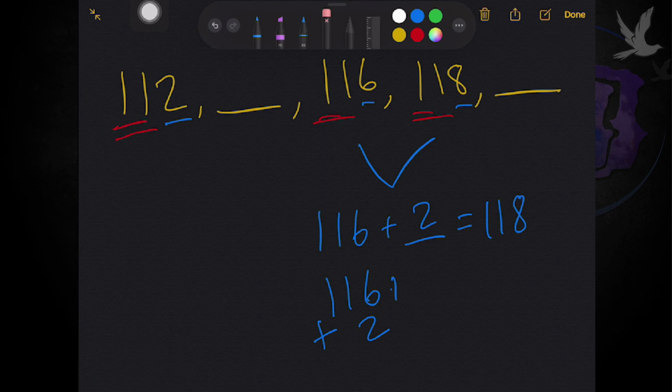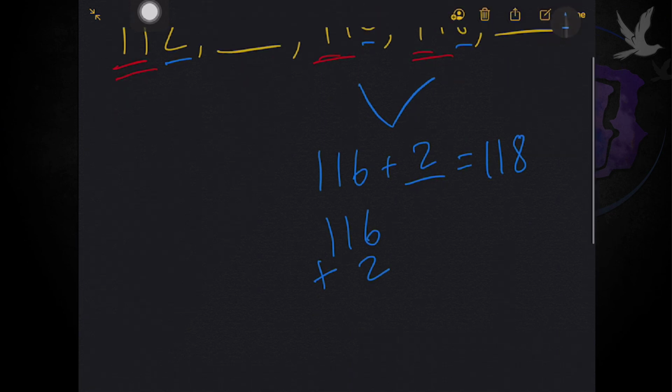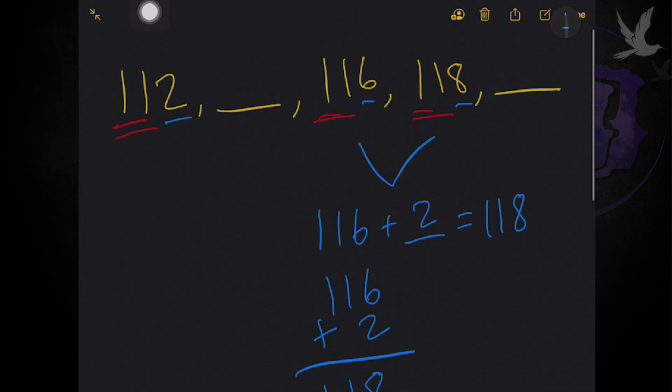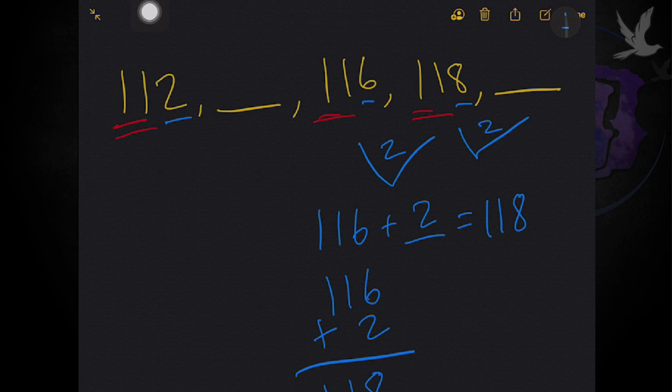Just to make it clear for everyone, we added 2 to give us 118. So that's basically how you get the pattern for basic number patterns. This one is again basic. All you have to do is add 2 to these numbers to get the difference.